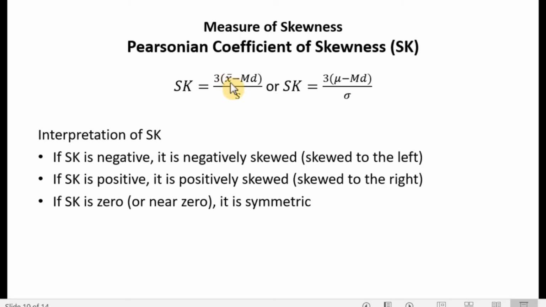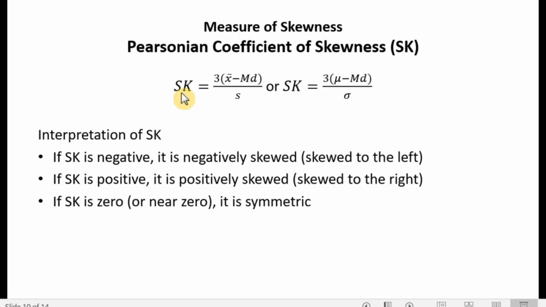X bar is the mean of the distribution, MD is the median of the distribution, and S is the standard deviation of the distribution. If you are working from a population, then we use the population mean, the population median, and the population standard deviation. So it's up to you to identify which is which.